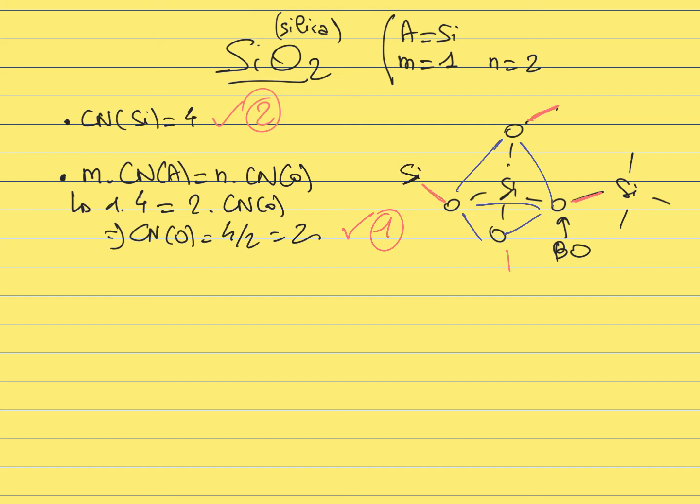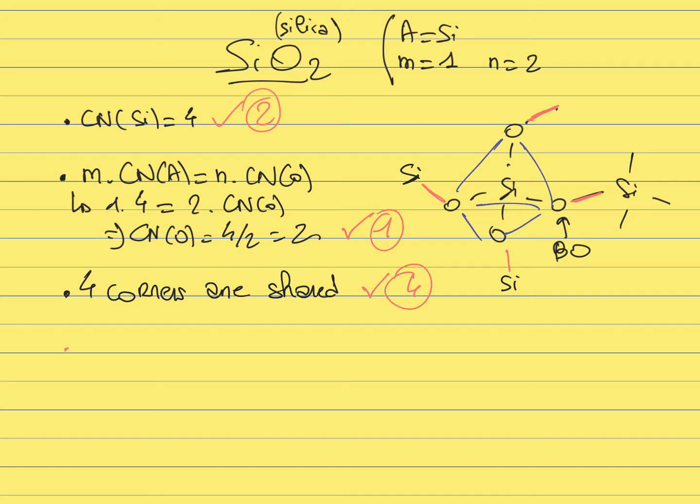So in this case, you have 4 corners of each silicon polyhedra that are shared. And since you have these 4 corners, it means that the fourth rule of Zachariasen is satisfied. You have indeed at least 3 corners, in this case 4, that are shared with other polyhedra.